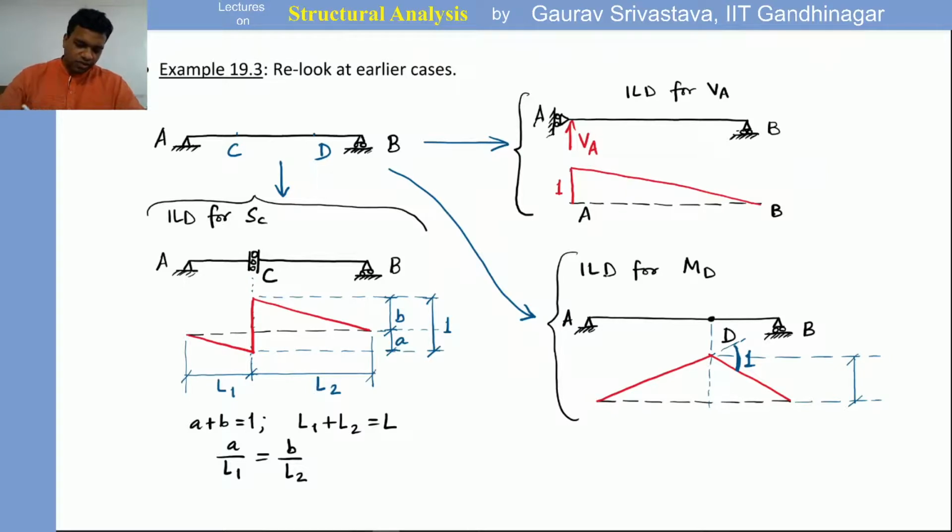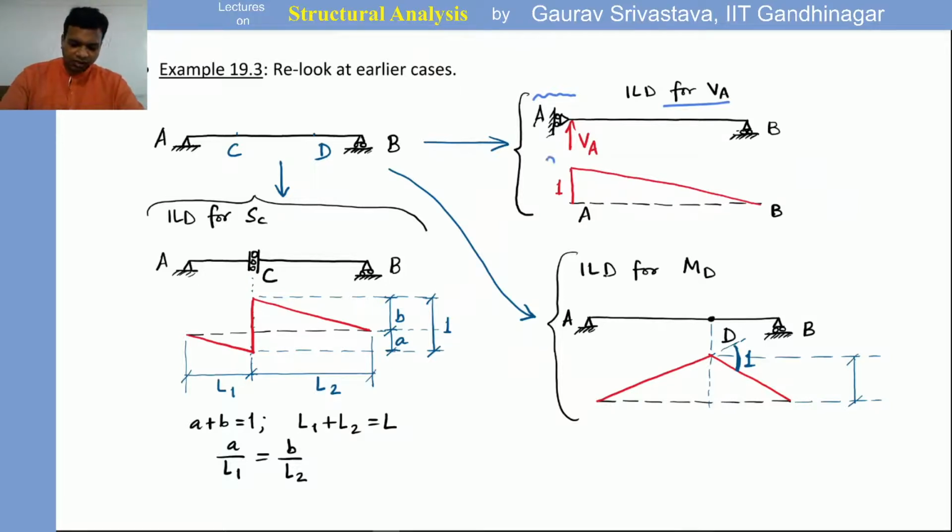So let's say again we have this simply supported beam, and let's identify two points C and D somewhere along the beam. Now for the ILD of VA, all we need to do is at A, remove the vertical fixity, take this roller and displace it upwards by 1 unit.